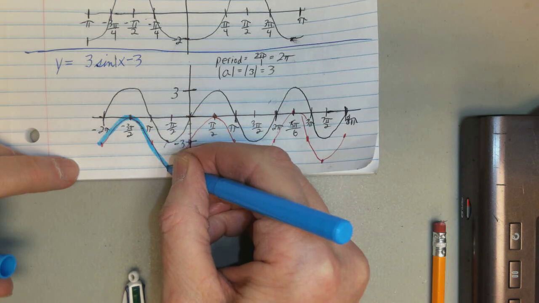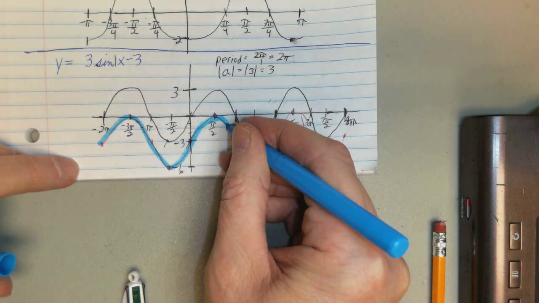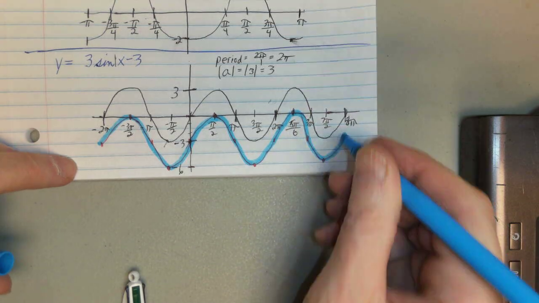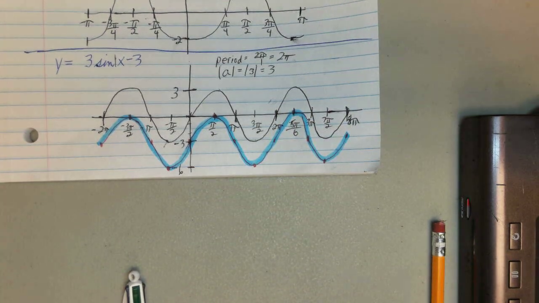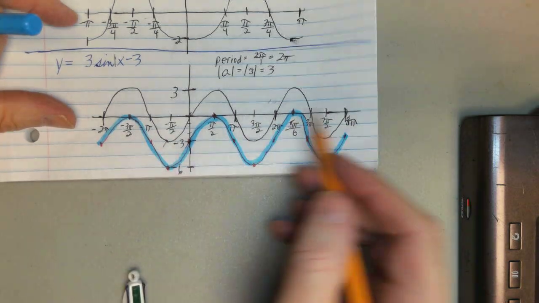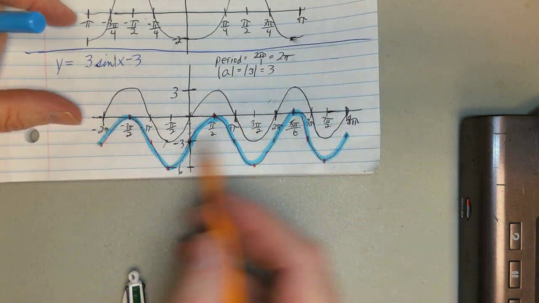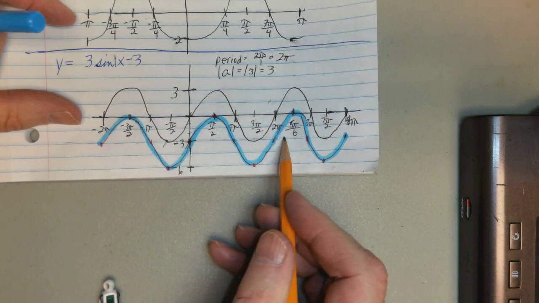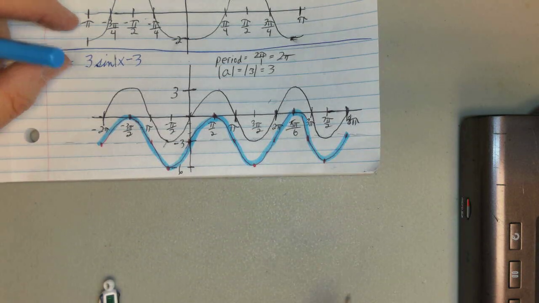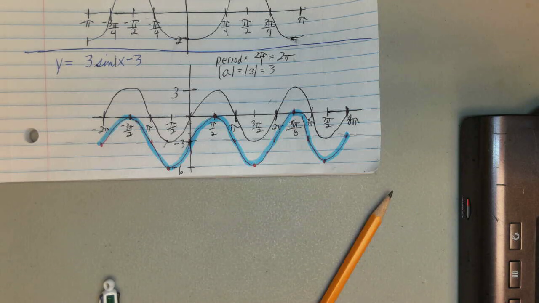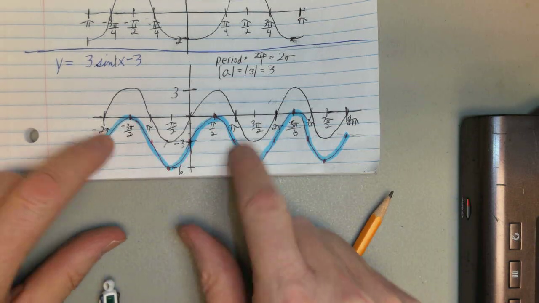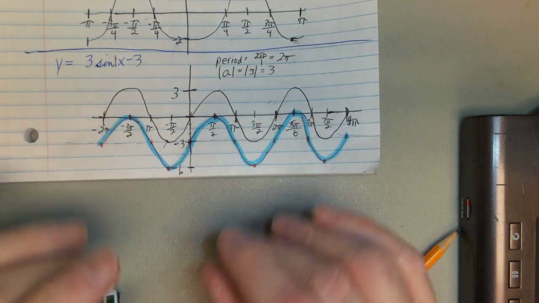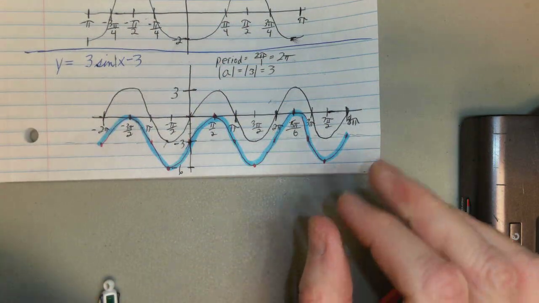After we do our shifting, it'd be nice to have a highlighter here to highlight our final curve. It's right here. And I got my x-axis here, but really my midline is right there. Okay, that's my final answer. This helped me get there. It's easy to move this whole thing down 3 units when I can look at what I'm moving.